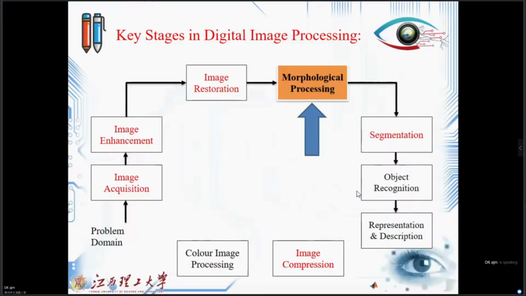The color image part may not be much, and object recognition also a few lectures. It means that mainly half of this part will be finished after we cover this morphological process.